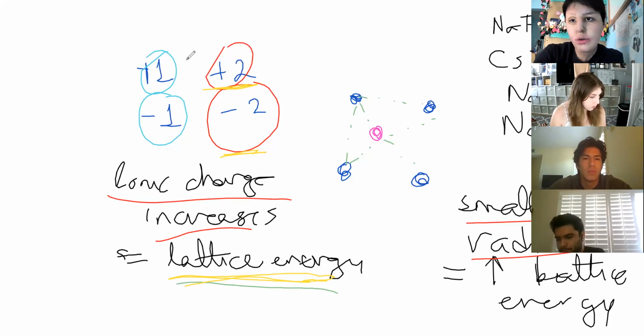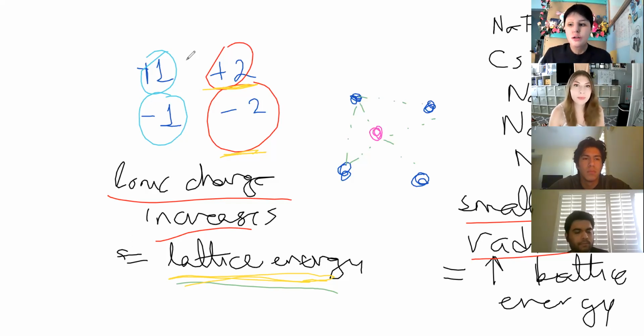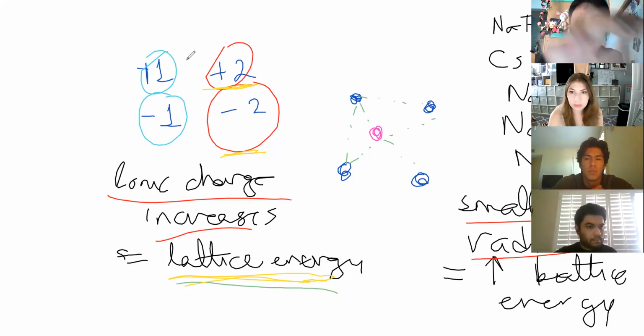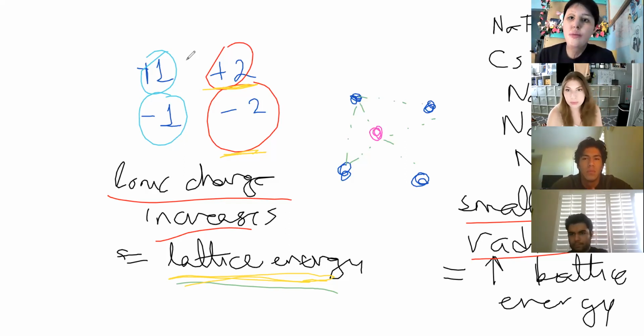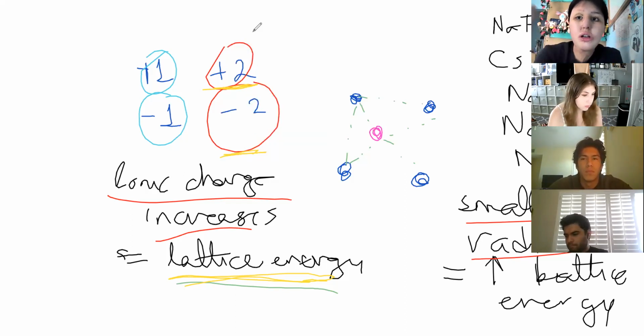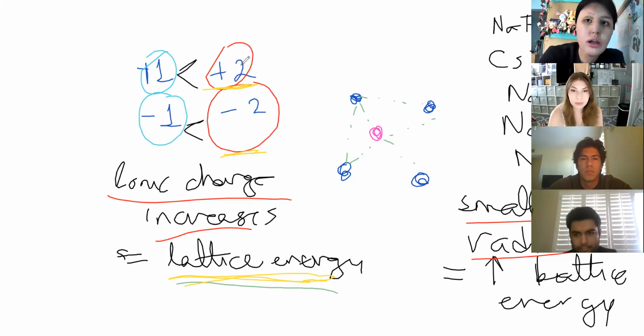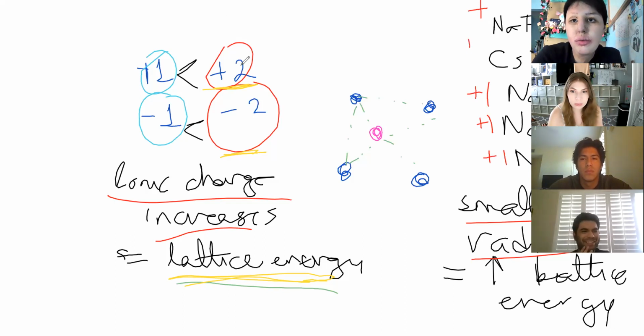Out of all these, do you see any difference in the ionic charge between them? What's the charge on sodium? Sodium's +1, so that applies for pretty much all of them except for cesium. What's the charge on cesium? It's also +1. All right. What are the charges on fluoride?